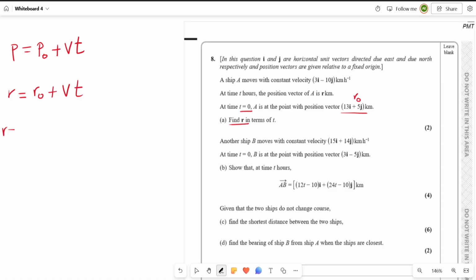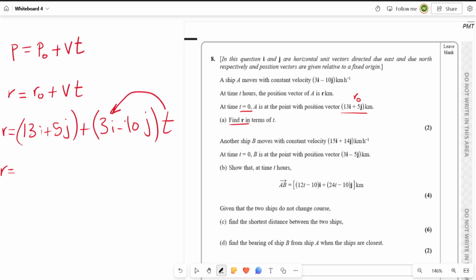So r is going to equal r0, which was 13i plus 5j, plus the velocity vector. What's the velocity vector? It's 3i minus 10j, and then multiplied by time. This is going to be r in terms of t. And I like to write it in this way. You're free to do so. If you multiply this t inside, this is going to be 3ti minus 10tj.